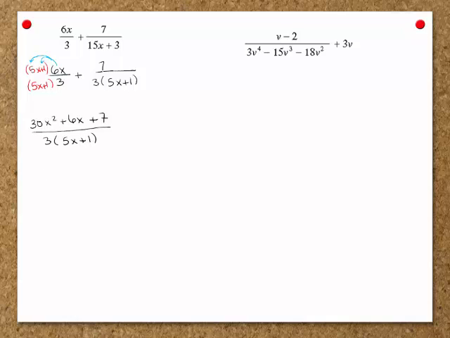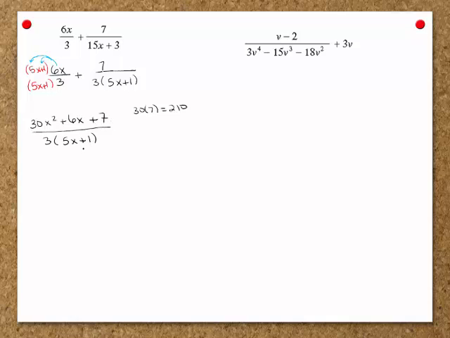Now I have to see if I'm factorable on my numerator, and I've got 30 times 7 is 210. And I'm going to need to find positive. So we're looking for factors of 210 that will add up to 6. This is an impossibility because there are no factors of 210 that are going to be small enough to add up to 6. 36 and 7 don't have any common factors I can factor out, so this is done.